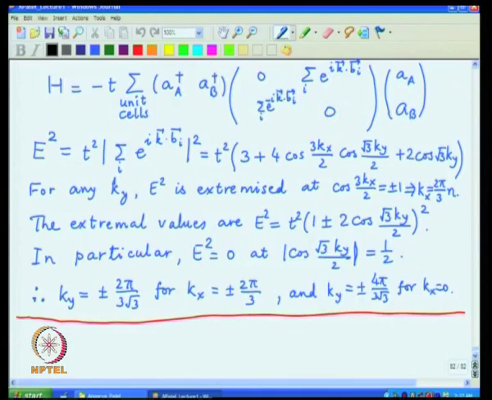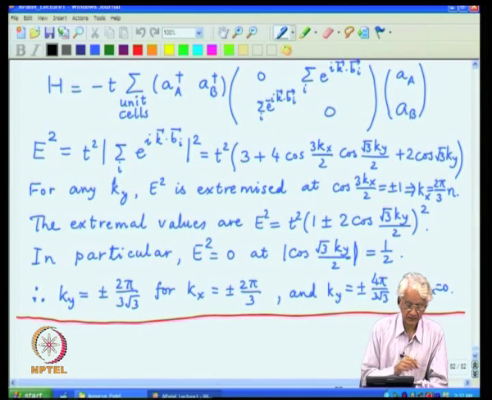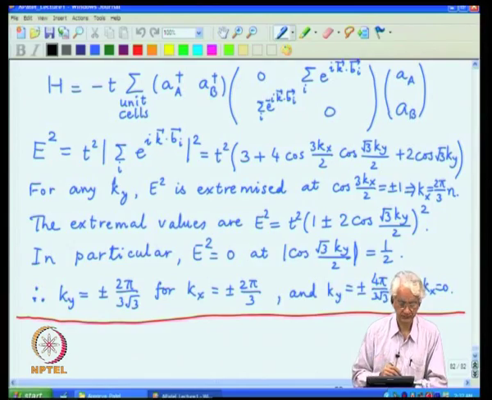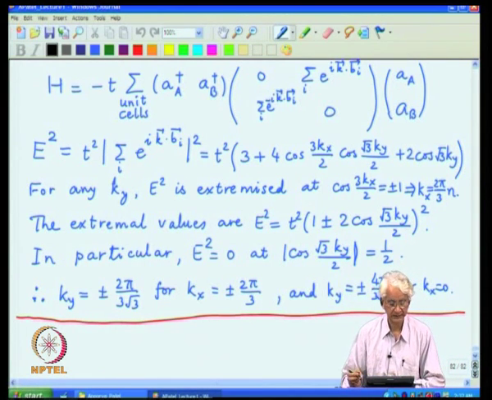So, this defines essentially the Fermi level for graphene, where the corners of the Brillouin zone actually go exactly through the Fermi level, while at a different point anywhere in the Brillouin zone, the conduction and the valence band have a non-zero separation.